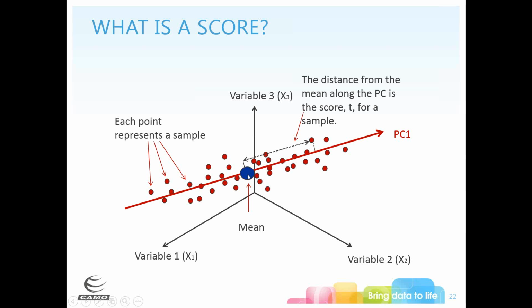The distance from that mean is the score for each individual data point. Depending on which direction you define as positive, in this case we're going to say that our vector is going from left to right. So anything to the right of this mean data point is going to have a positive score, and anything to the left of this mean is going to have a negative score.